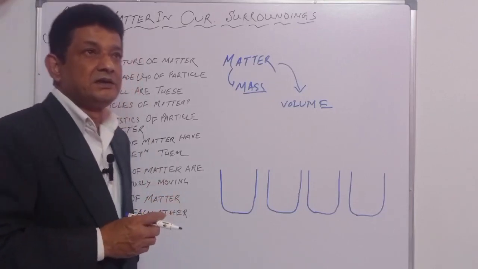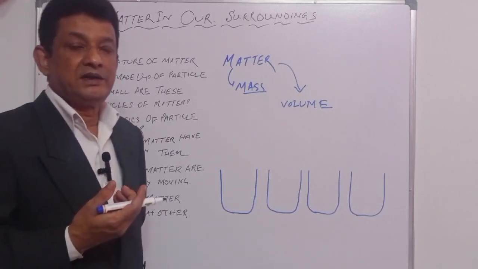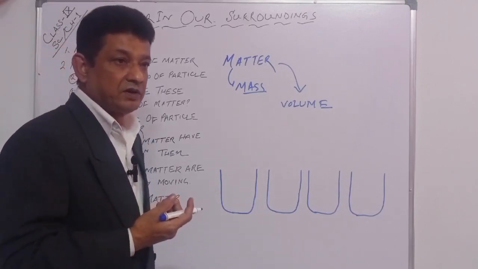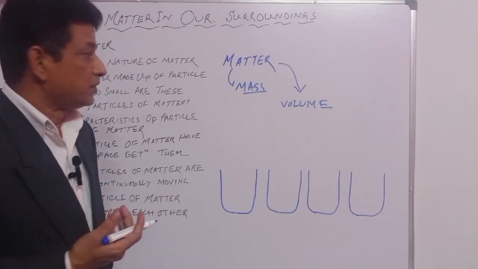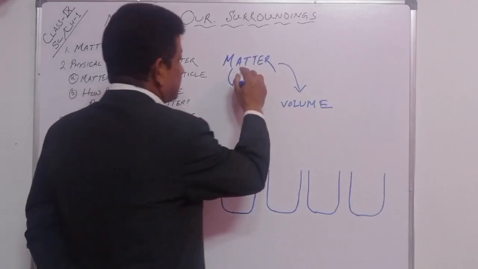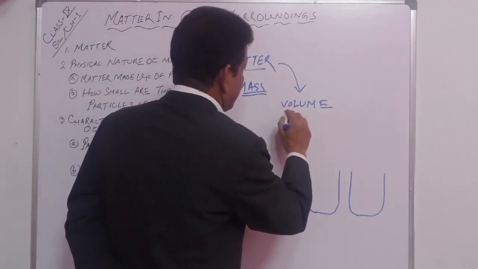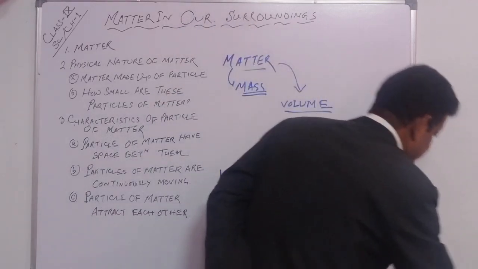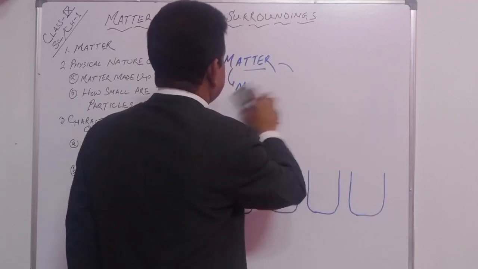But suppose if we discuss sound and light, they are not matter because they do not have volume. So to be matter, it must possess mass and volume. So this is important for our definition of matter.